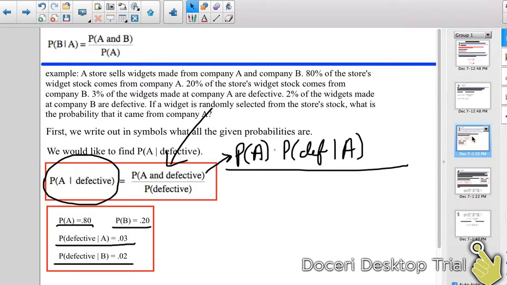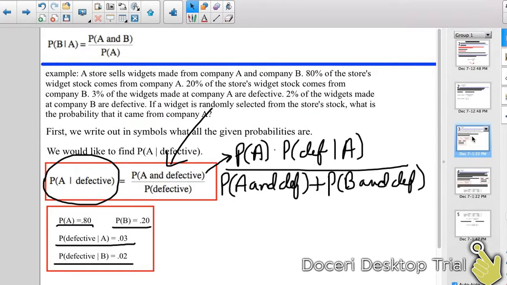Probability of defective we're going to have to do a little more work on. We need to break this down into all the possible cases. Something could be defective and from A, so we write A and defective, or it could be from B and defective. In other words, the probability of defective has to be broken down into all the ways that something could be defective.